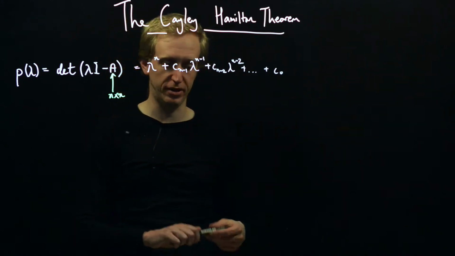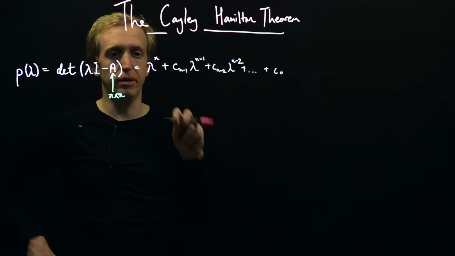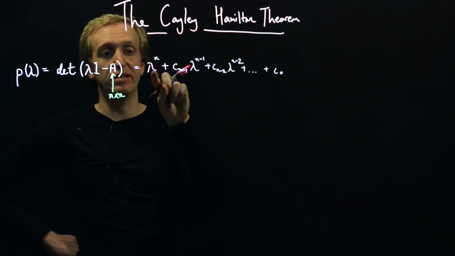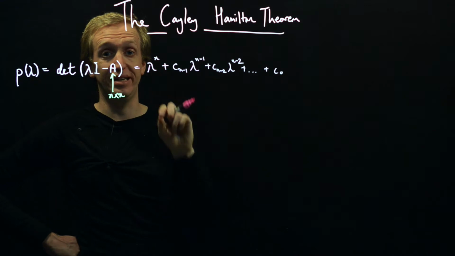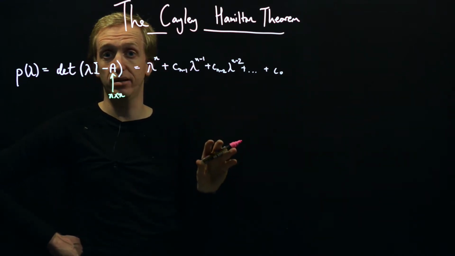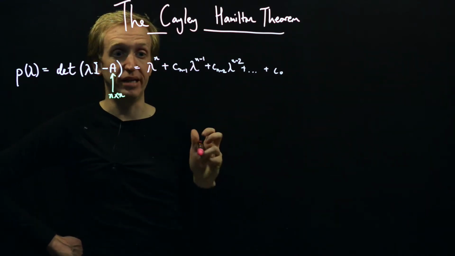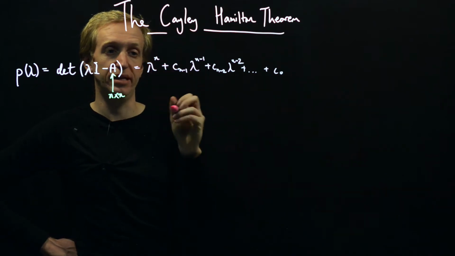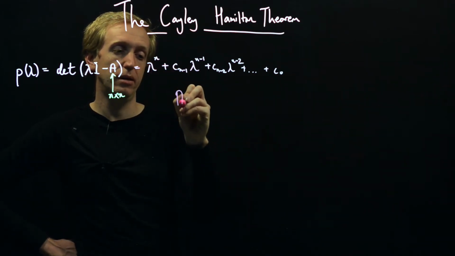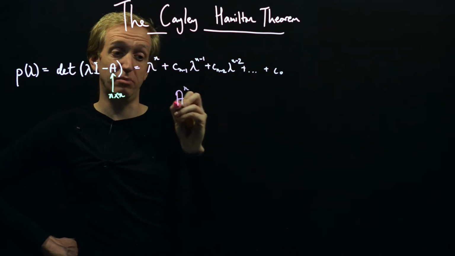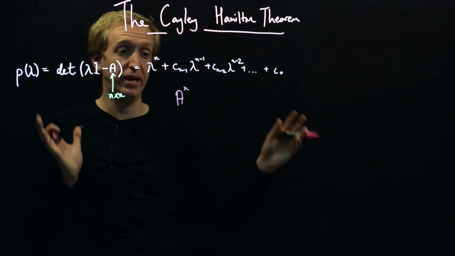So I'll just write out what we mean by that. If we replace our polynomial variable raised to the nth power, lambda to the n, we instead write our matrix raised to the nth power, A to the power of n, so that's just the matrix A multiplied with itself n times.